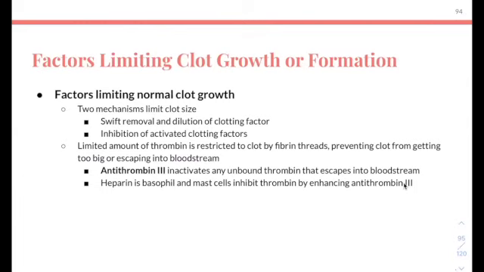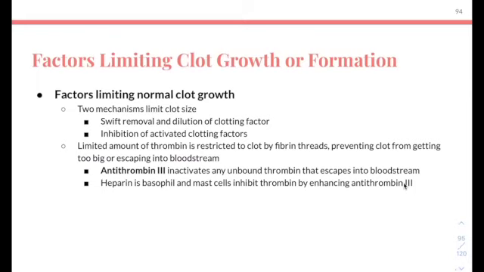So there are two mechanisms that help to limit that clot size: the swift removal and dilution of clotting factors, and the inhibition of activated clotting factors. So the limited amount of thrombin is restricted to the clot by fibrin threads, and it prevents the clot from getting too big or escaping into the bloodstream.